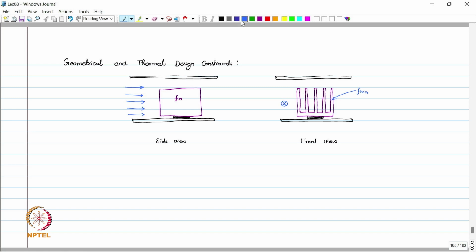This increases the total area which is in contact with air. So this is the whole area which is now in contact with air, and air can take away the excessive heat from all of this surface. Because of these fins we can see that the area is very high compared to the volume of metal.